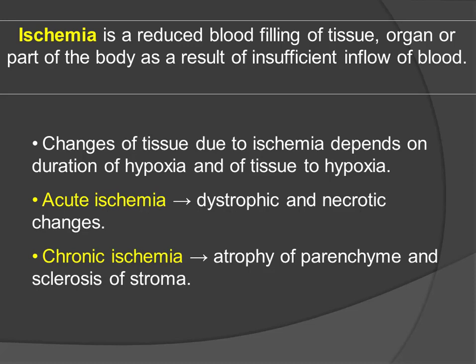Among them, the main factors are the rapidity of obstruction, whether it's sudden or slow and gradual, the degree of obstruction, the level of obstruction and the causative factors, the state of collateral circulation, duration of obstruction, the tissue sensitivity towards the lack of oxygen, the state of tissue metabolism, and the functional state of the organ at the moment of ischemia.